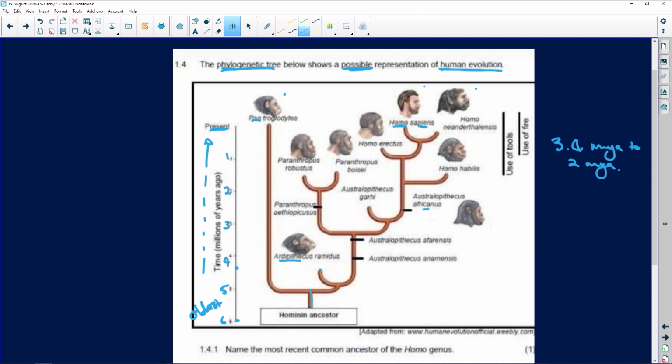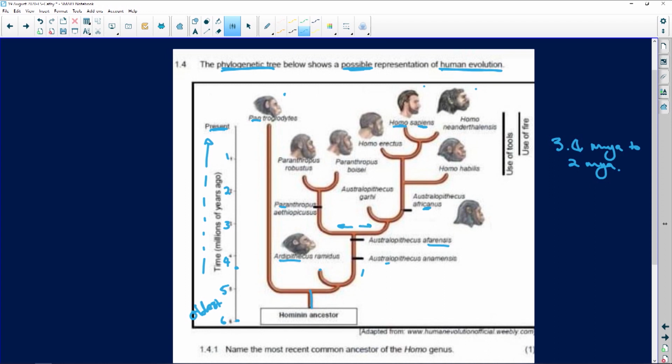We then have Australopithecus, which goes on this branch. Australopithecus developed into afarensis, and afarensis then developed into africanus. Also Paranthropus, which is over here. That's where the split comes, so it goes this way, and you've got a whole bunch that go that way.